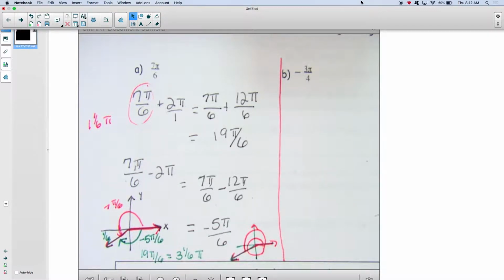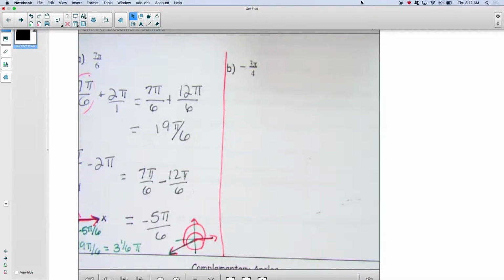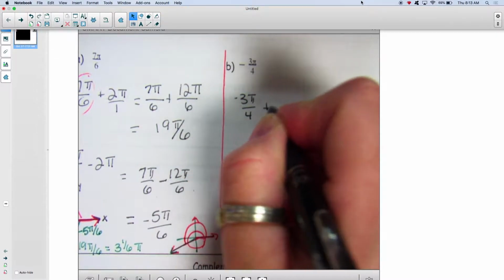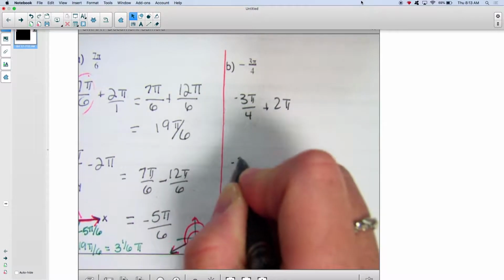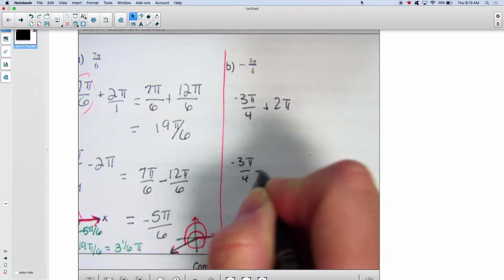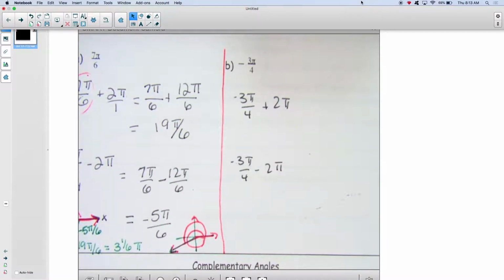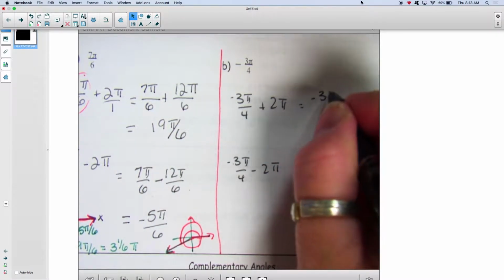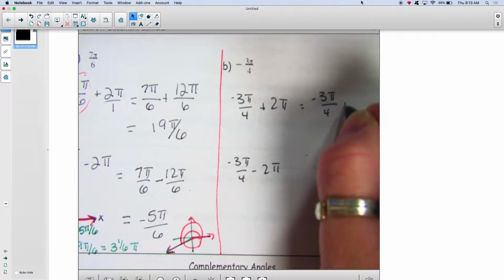So B, how are we going to find 2 coterminals? We're going to add 2 pi. We're going to subtract 2 pi. Common denominator is 4.